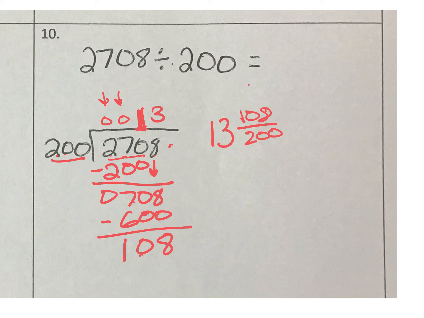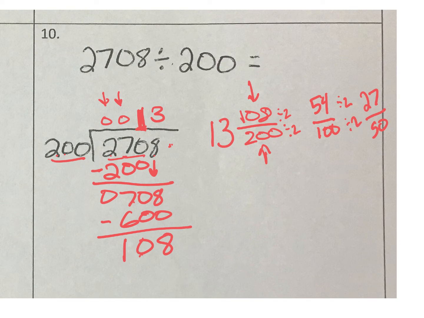But I can see that these two numbers are even. So let's divide them in half. And 108 would be 54, and 200 would be 100 in half. Okay, now I need to divide them in half again because they're still both even. 54 divided in half is 27, and 100 would be 50.